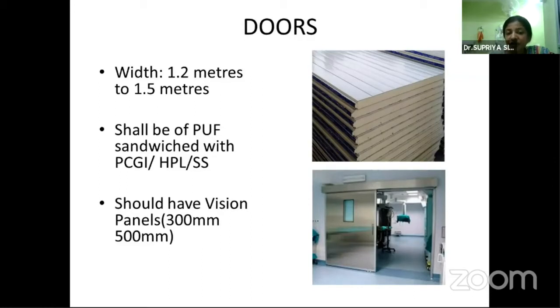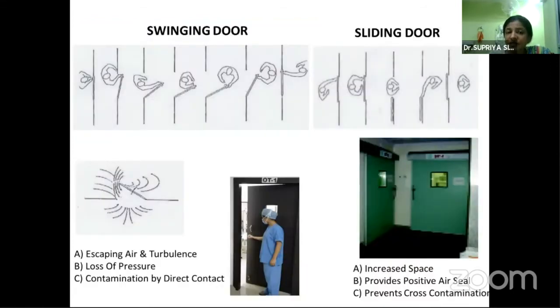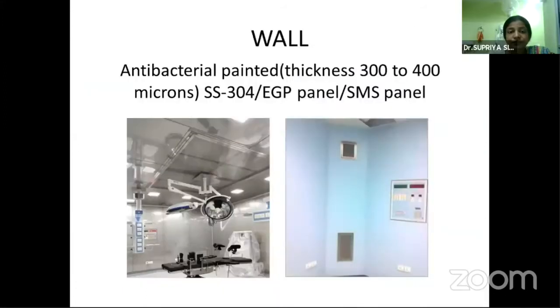Those should be fitted ideally with vision panels to prevent disturbance and staff movement. Ideally have electrically operated, hermetically sealed doors to ensure better asepsis. Sliding doors are always better than swinging doors, as they save space as well as prevent air turbulence.